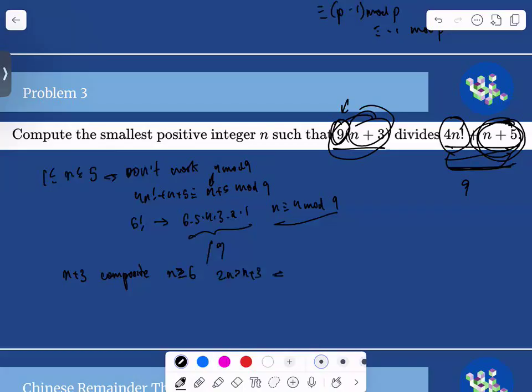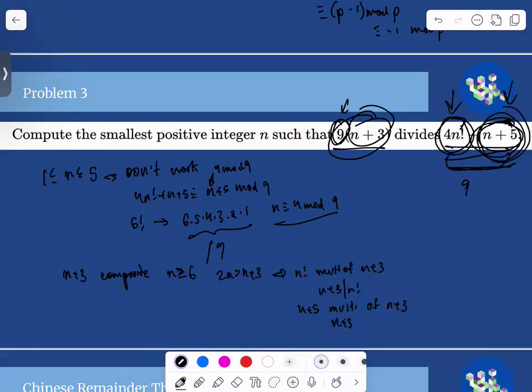And so thus, n factorial necessarily has to be a multiple of n plus 3, or n plus 3 divides n factorial is the notation you can use. And thus, you would need n plus 5 to be a multiple of n plus 3. Since n plus 3 divides this part, n plus 3 has to divide n plus 5.